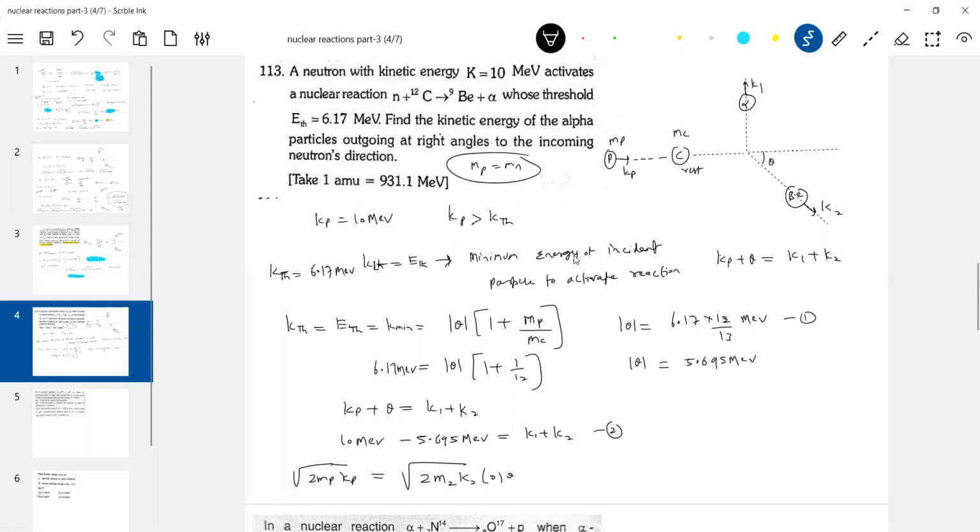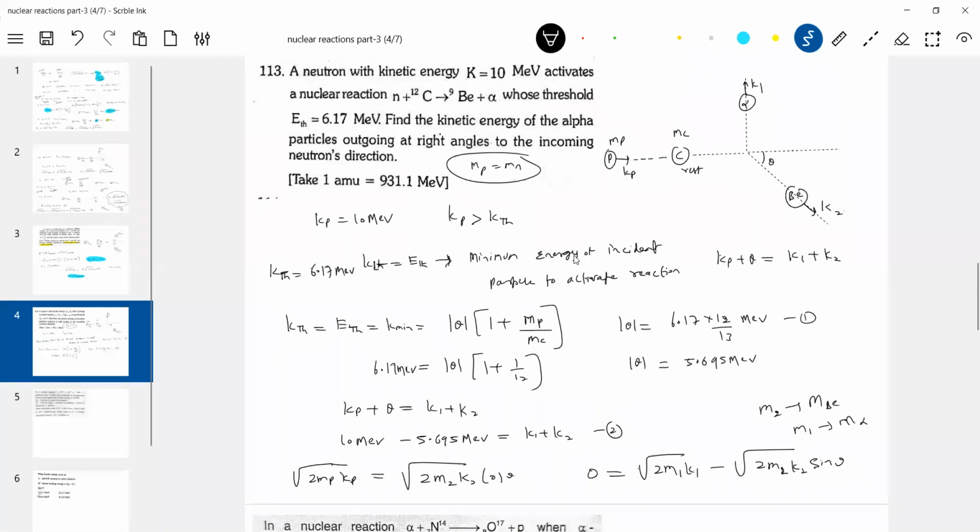K2 cos theta along y-axis 0 is equal to... m2 is mass of beryllium, m1 is mass of alpha particle.